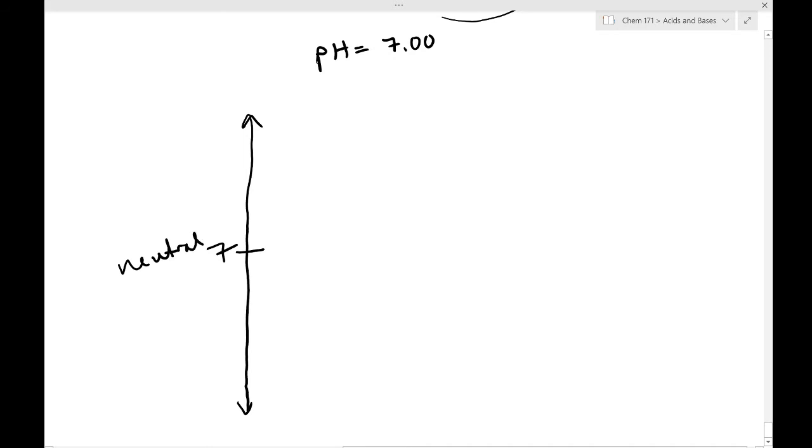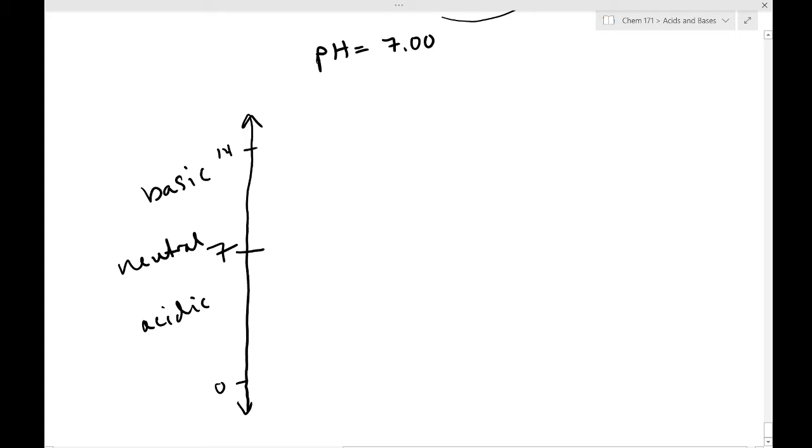All pHs above 7, so greater than 7, are basic, and all pHs below 7 are acidic. Let's look at some examples on this scale. All the way up at 14 and all the way down at 0, right? So this is 14, this is 0.